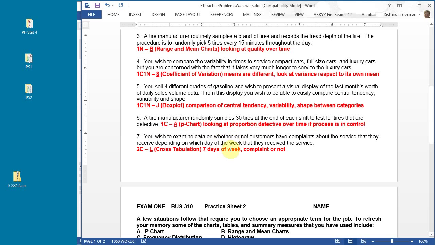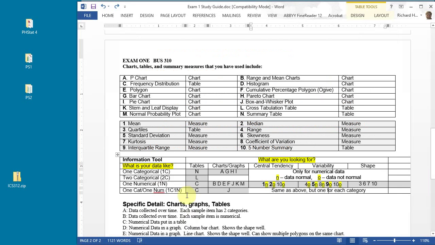They're probably not open on Sunday. So we've got 2 categories, 6 days. Each category is a day, and a customer complaining or not complaining is the second. So that's 2 categories, which is a cross tabulation. We can confirm that here.